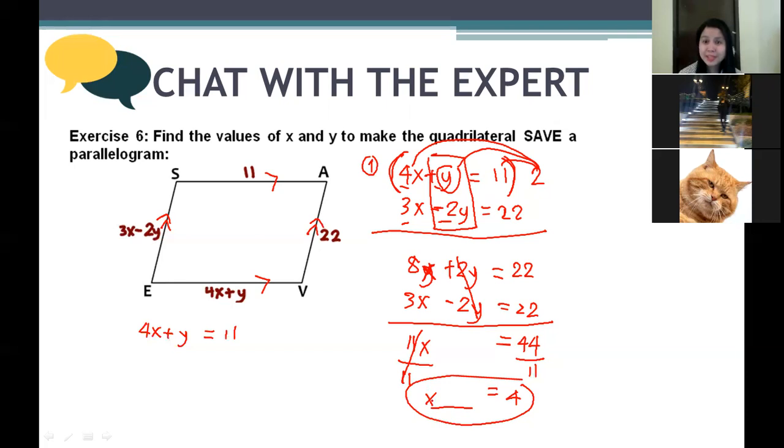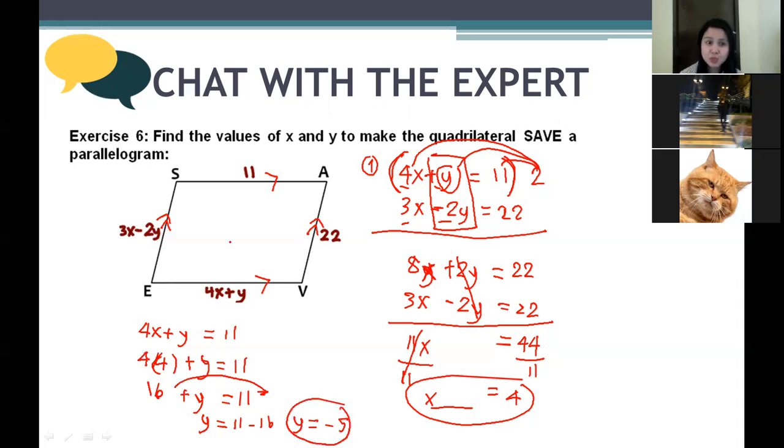Let's substitute the value of x to solve for y. So we have 4 times 4 plus y equals 11. 16 plus y equals 11. Transfer to the other side. y equals 11 minus 16. So our y is equal to negative 5.